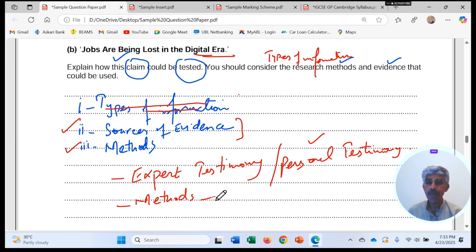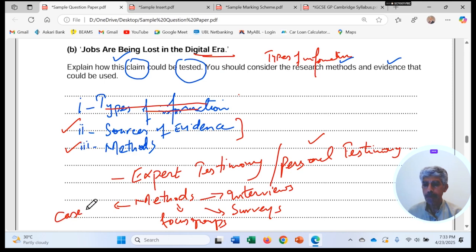So methods. Whenever we talk about methods: interviews, surveys, focus groups, case studies. You are supposed to give the reference of interviews and surveys.